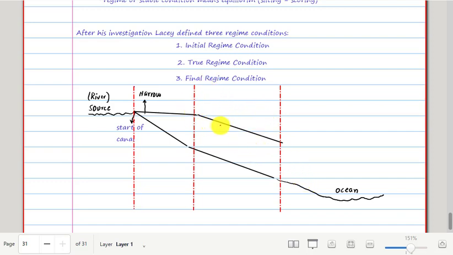So on the basis of these three, he has divided the regime or stable condition of a canal into three phases: initial regime condition, true regime condition, and final regime condition.